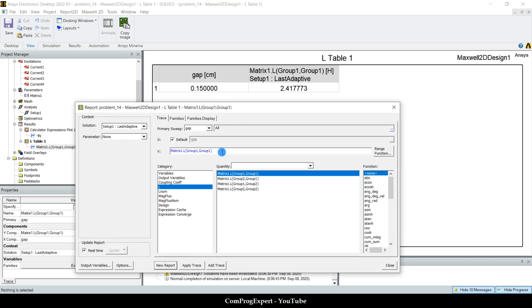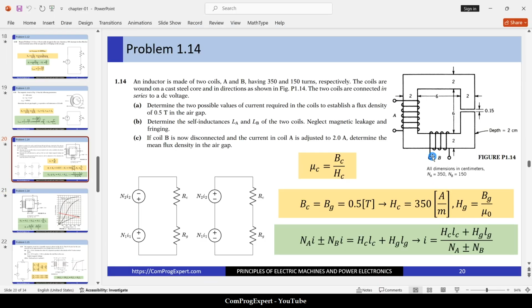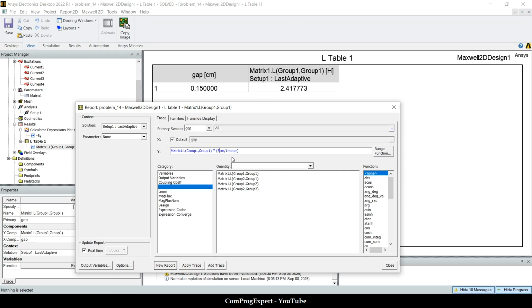By default, the depth of the problem is 1 meter. We should modify this number. The depth of the problem was 2, excuse me, 2 centimeter, not 5.